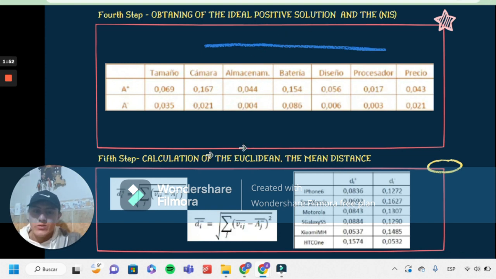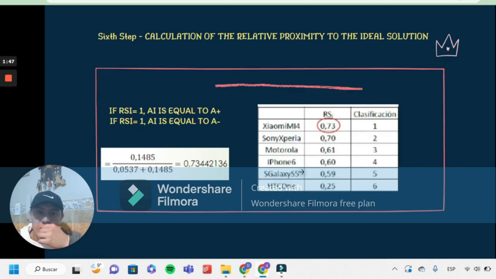Then we are going to obtain the ideal positive solution and the negative ideal solution. Then we are going to calculate the mean distance for each solution. And then we are going to calculate the relative proximity to the ideal solution. For this, we are going to take the calculation that we did before and divide for each segment, and this will give us a number that, if it is equal to 1, is the positive ideal solution, and this will be the best solution.